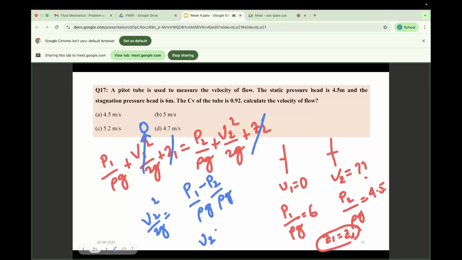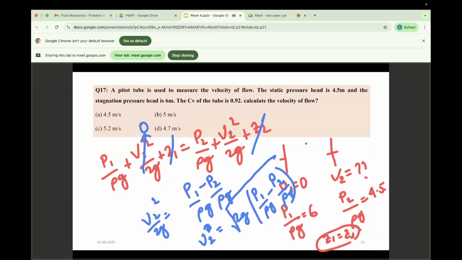So this V2 is equal to root of 2g into P1 by rho g minus P2 by rho g, which is given. Now CV is given.